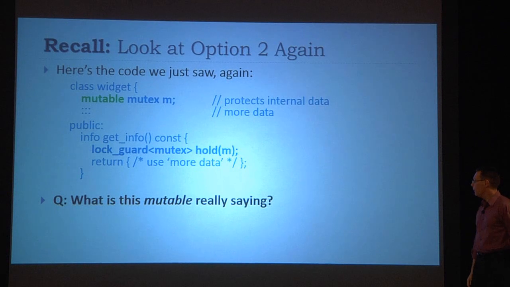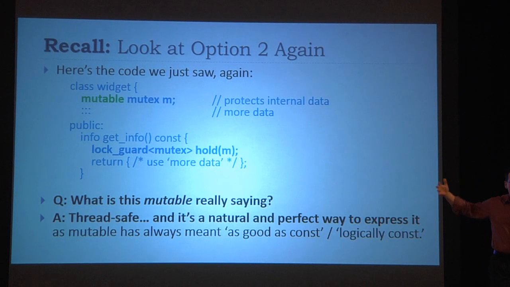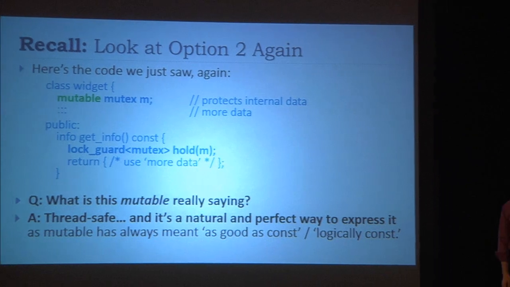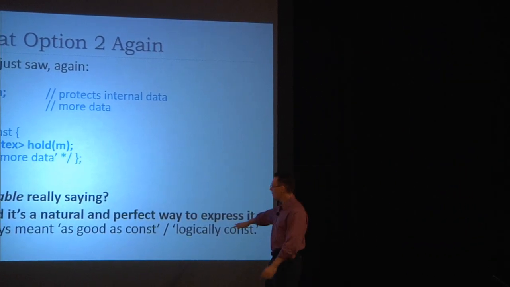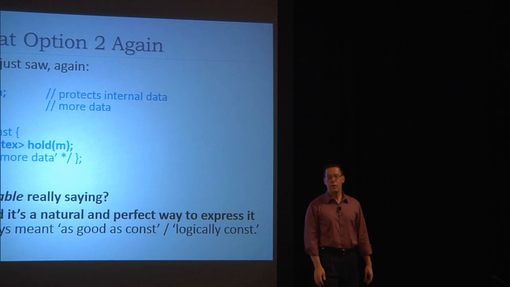What's this mutable really saying? The most natural way to express a member that is thread safe and therefore gets a free pass on const, which means thread safe. Like, don't worry about this, this one's already thread safe. It gets a free pass on thread safety, which we spell using const now in C++11. And it's the same as before. It's always meant as good as const or logically const.